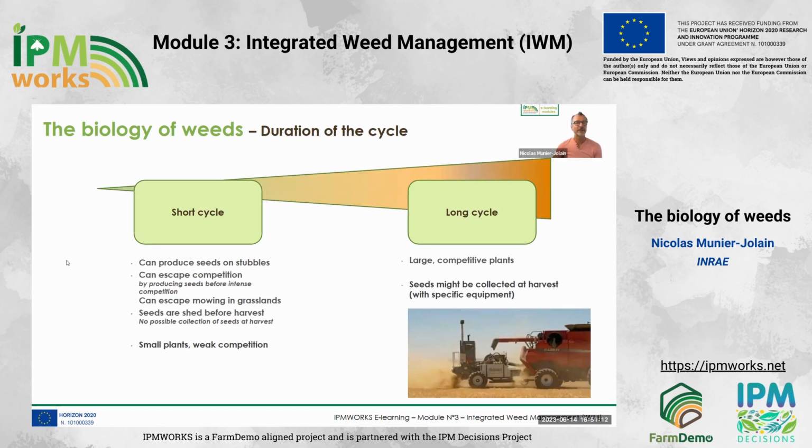And finally, I will say some words about the duration of the life cycle of the weed species. We have some species with short cycle and species with long cycle.